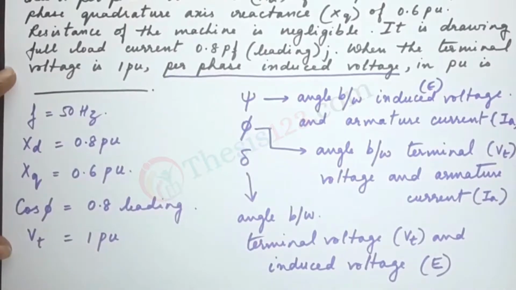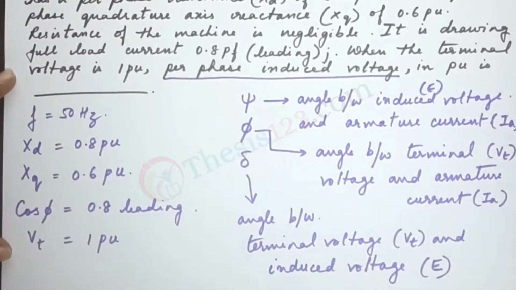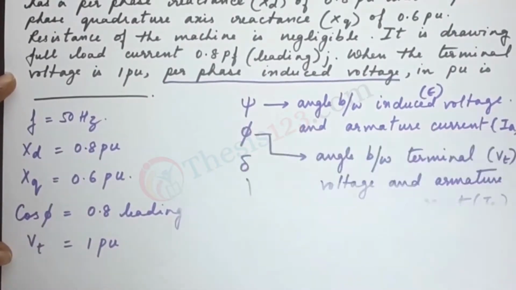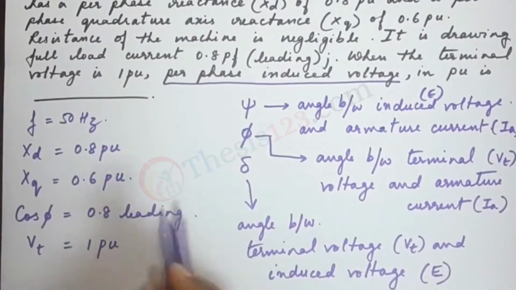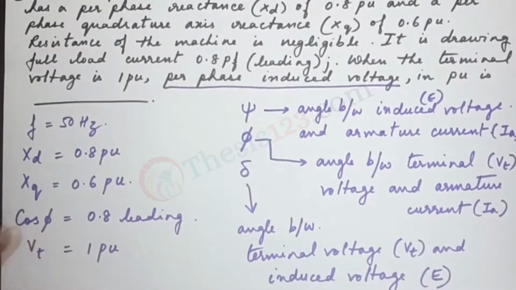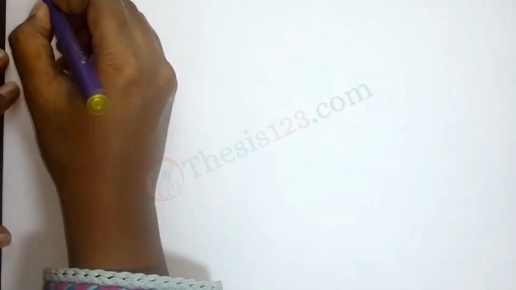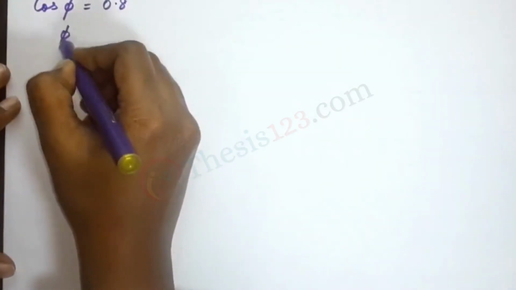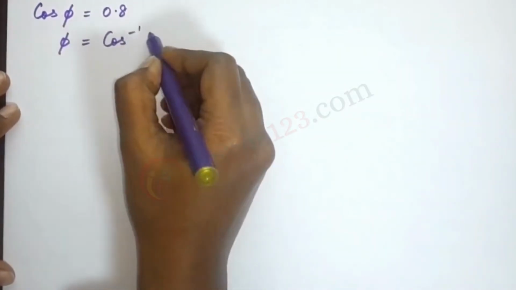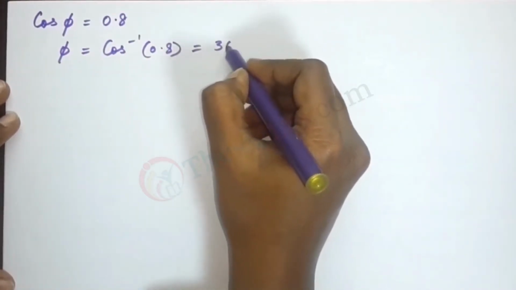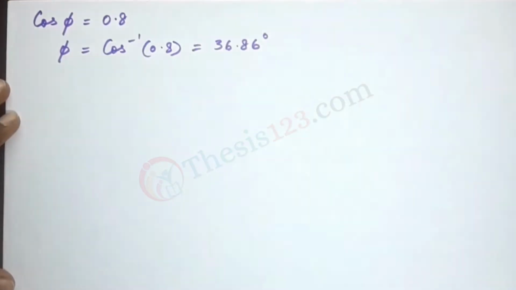Let me just get another sheet of paper. Before we go into that, now cos phi is equal to 0.8 leading, so that would give us the angle of phi. Let me write it here. So we have cos phi is equal to 0.8, which means that phi is equal to cos inverse of 0.8, and that comes around to 36.86 degrees.